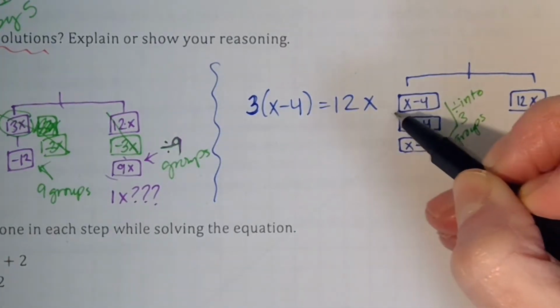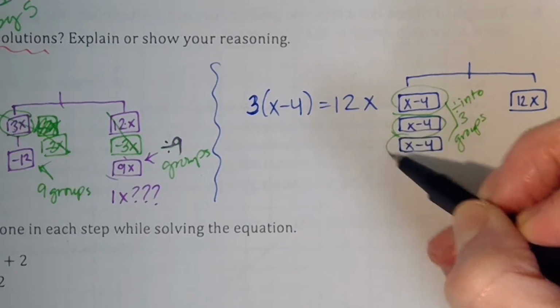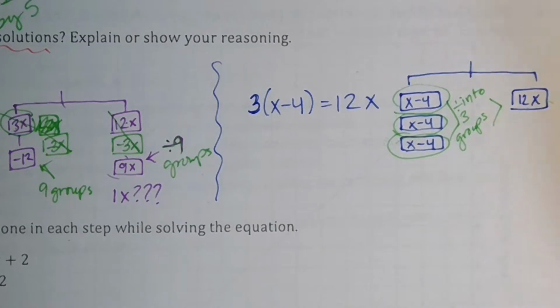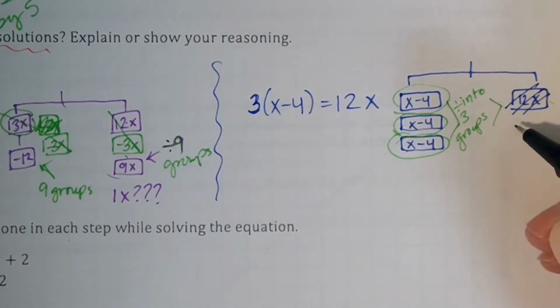Well, if I divide the left into 3 groups, I've got to divide the right into 3 groups. Well, to divide 12x into 3 groups, I have to do a little bit of math, right? So I'm going to rewrite this. Instead of 12, I'm going to write 3 groups.